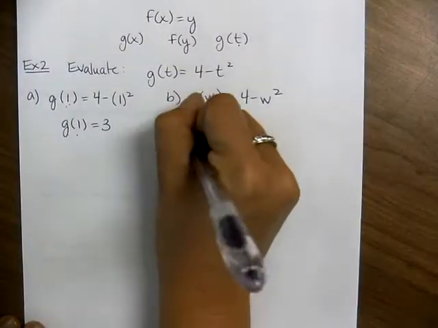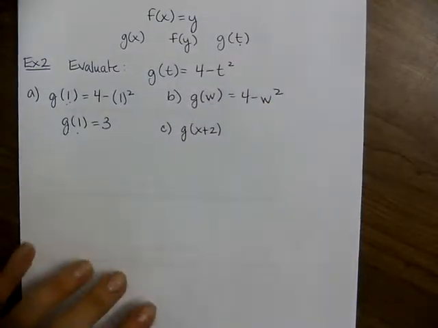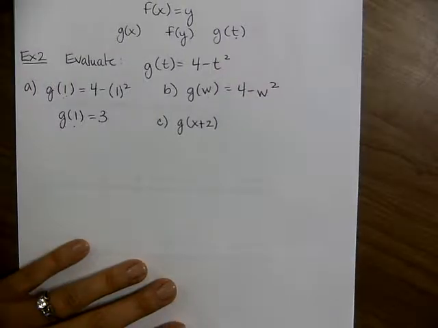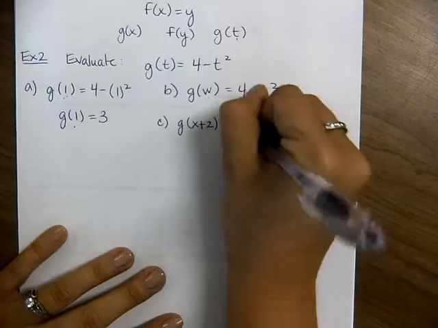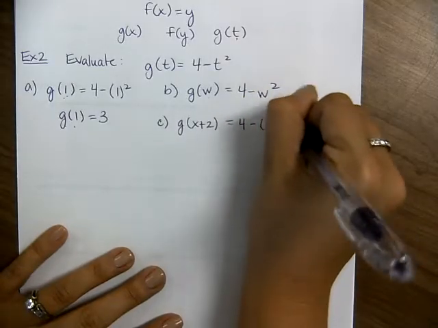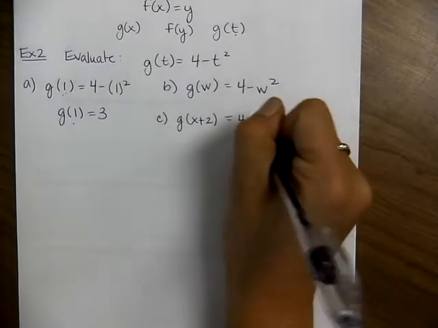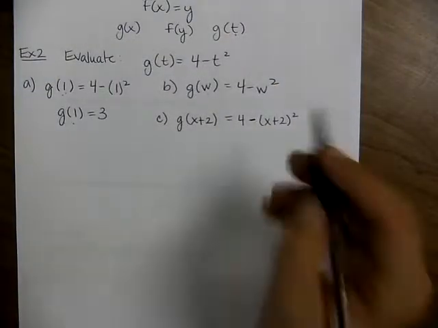What if it said find g of x plus 2? Now what do I have to do? I just plug it in, right? Substitute it in. So I'm going to have 4 minus x plus 2 squared. Okay, now, there's this negative on the outside. You cannot distribute that until the very end. Okay, so we have to square this first.